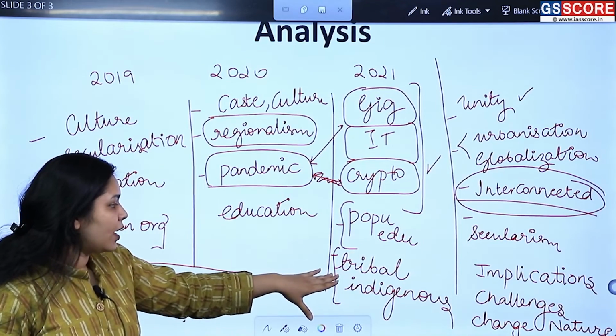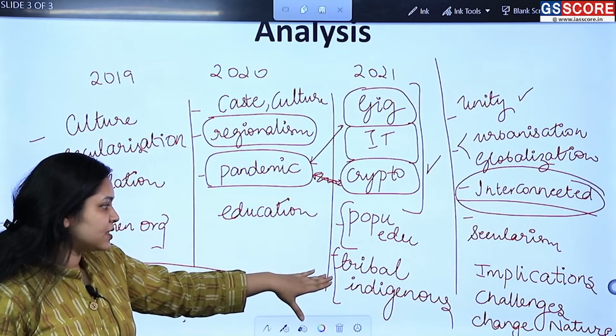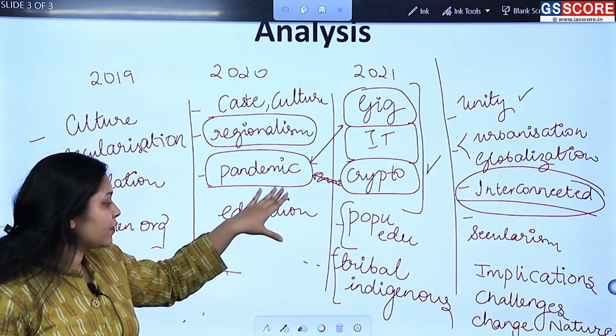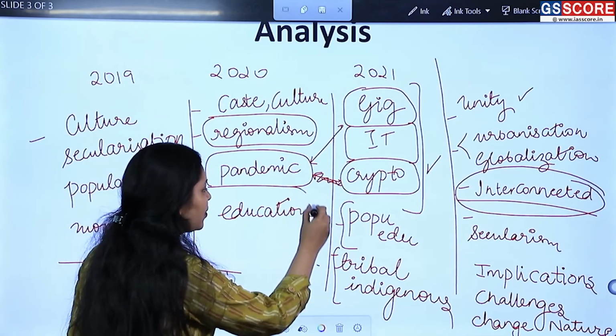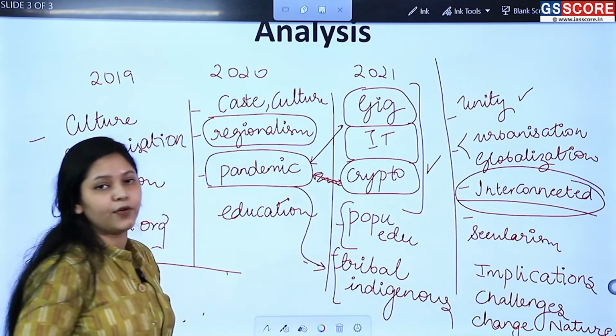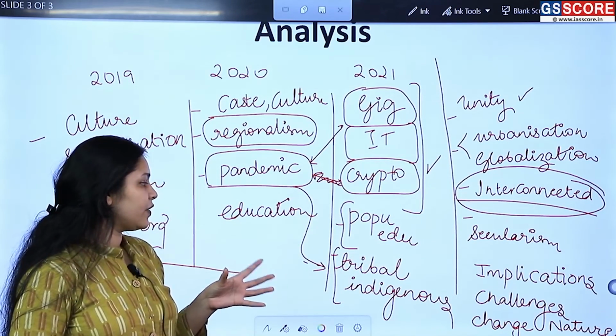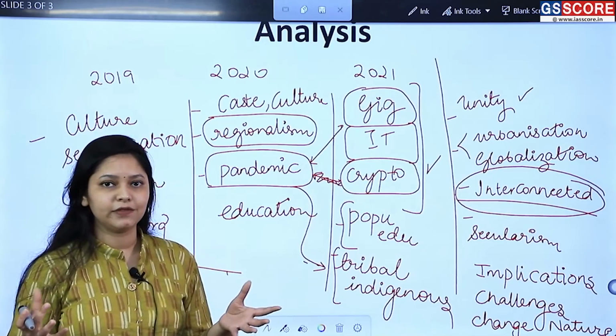For instance, one article was published recently, I think in The Hindu, where they located how the impact of the pandemic on the tribal section of the population was positive, contrary to the beliefs that existed on how the pandemic affected every section of the society negatively.